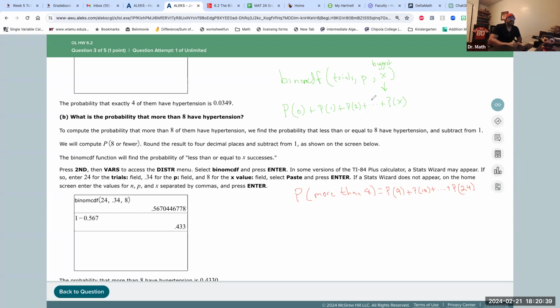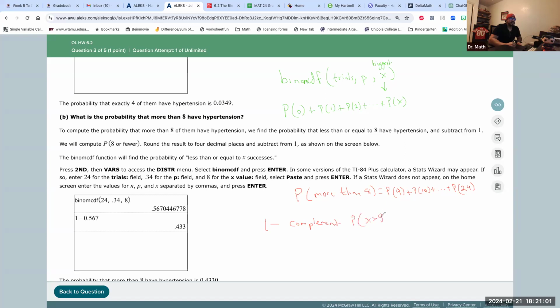But because what my program gives me is all the smaller probabilities, check out what we do. We're going to do 1 minus the complement of this. So we always use the complement, 1 minus the complement of the probability of more than 8.